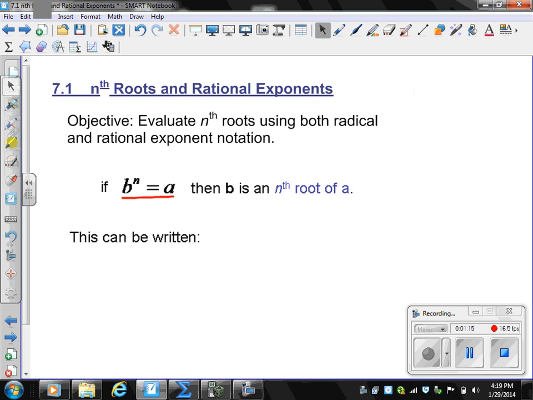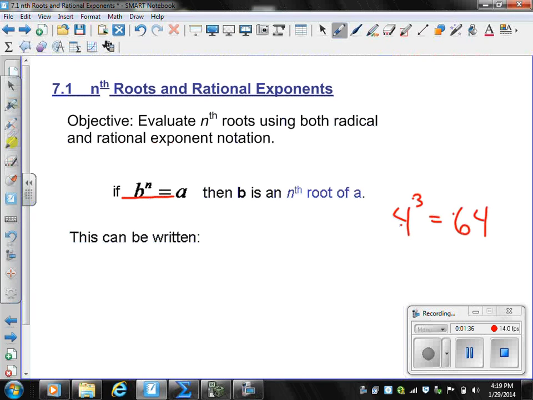If I take 4 and I raise it to the third, I get 64. So that means that 4 is a third root of 64. That's how we can read that.